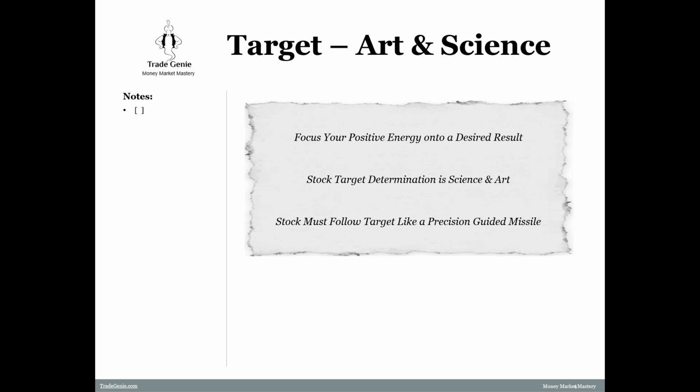Make sure that the resistance is not hindering your target. If you think my profit objective is 50%, your profit objective has nothing to do with the stock, because the stock will stop where it's supposed to stop, which is the resistance level. So it may hit 45% profit and there is a resistance, and then there is a 50%. So that 50% profit did not count.